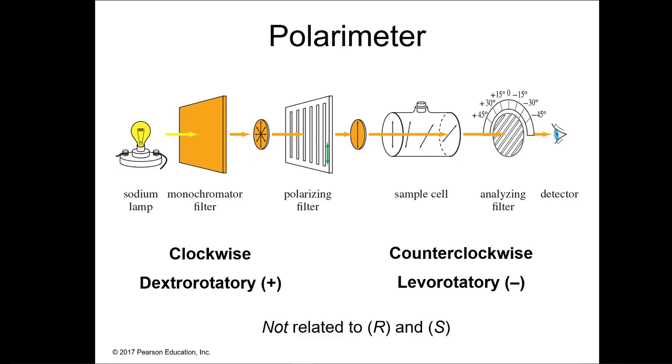We call the R and S the absolute configuration, because it has to do with the assignment of priority and the measurement in space. Whereas this measured rotation is experimentally determined and is not related to whether it's R or S. So you might see the designations D and L, like when they added L-glutamine.